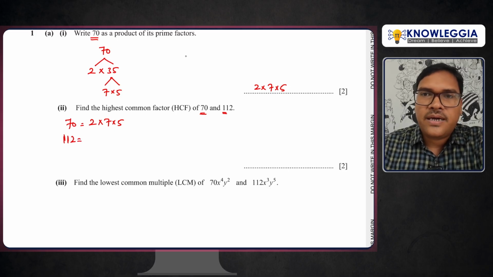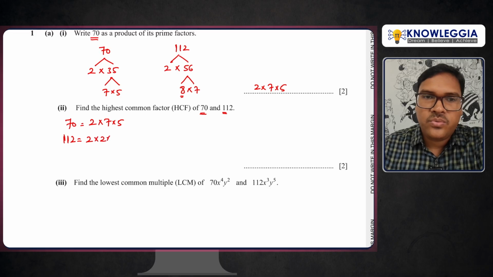I'll just write the prime factors of 112 also. So if I divide by 2, this will become 56. And 56 is 8 into 7. What is 8? 8 is 2 cubed. So basically this is 2 into 2 into 2 into 2 into 7. So this is 2 raised to 4 multiplied with 7.